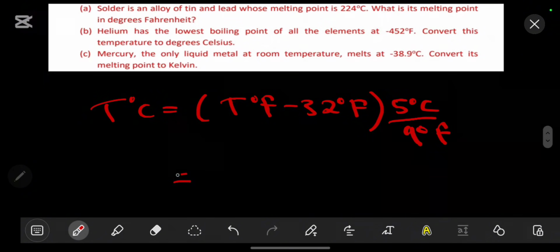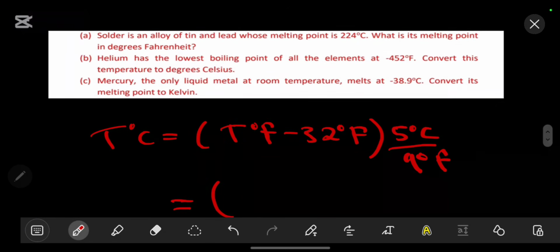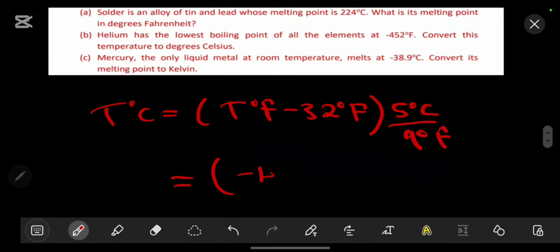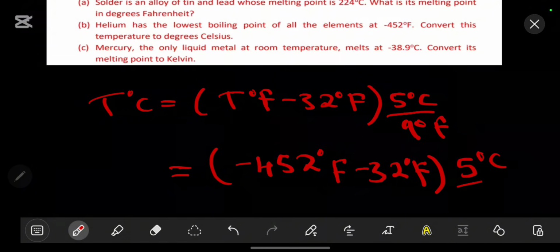So we are going to have our temperature in degrees Celsius shall be equal to our temperature in degrees Fahrenheit, which is negative 452 degrees Fahrenheit, then minus our 32 degrees Fahrenheit, like that. Then we are going to multiply 5 degrees Celsius over 9 degrees Fahrenheit.